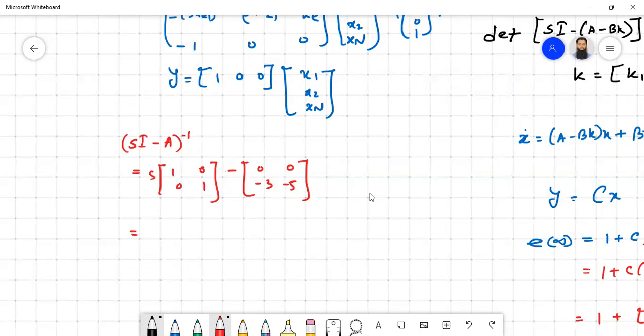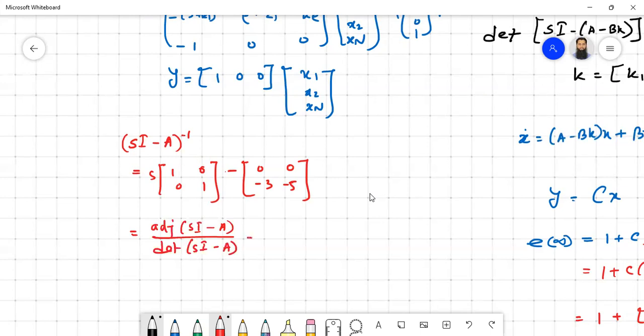So the inverse matrix, you can figure out separately, which I haven't done, but you can easily do it, which will be the adjoint of sI minus A divided by the determinant of sI minus A.